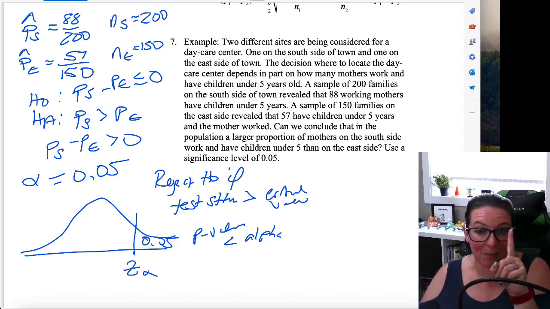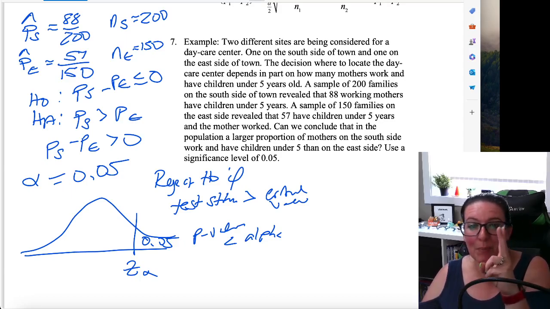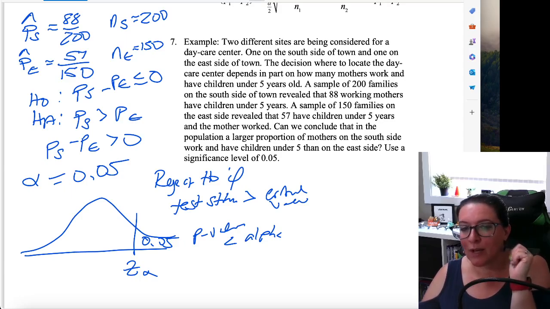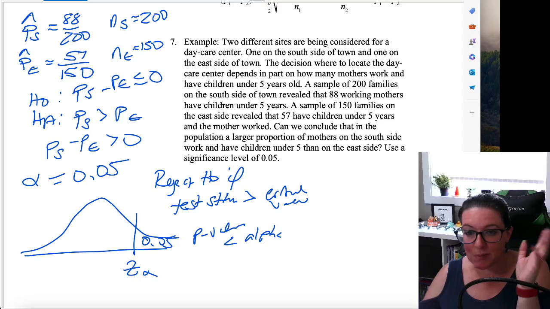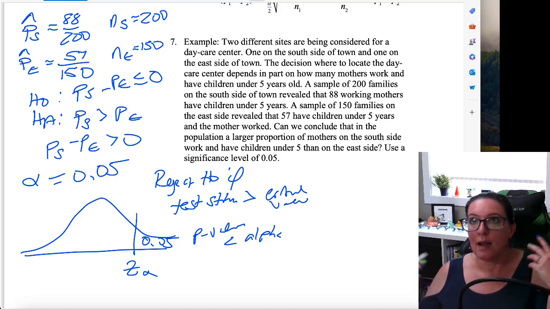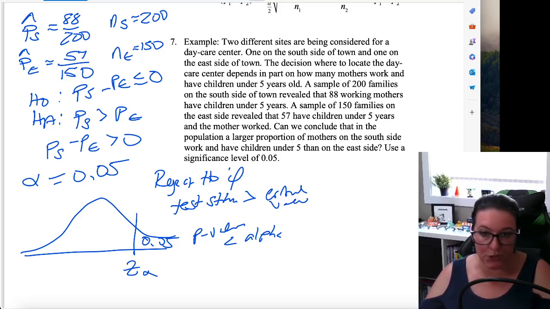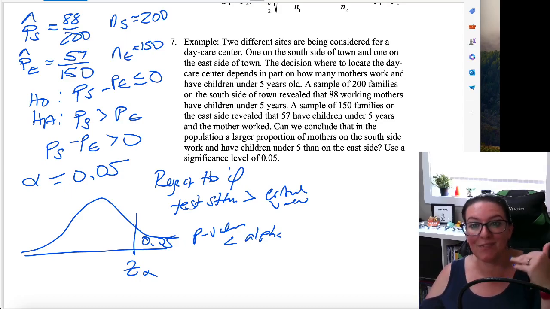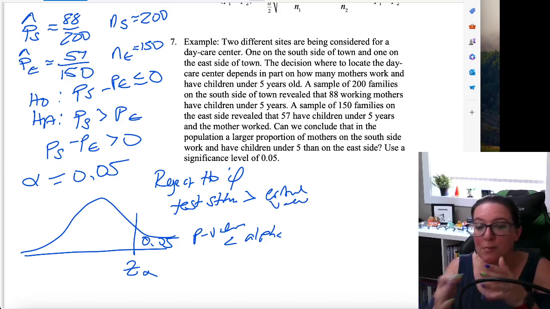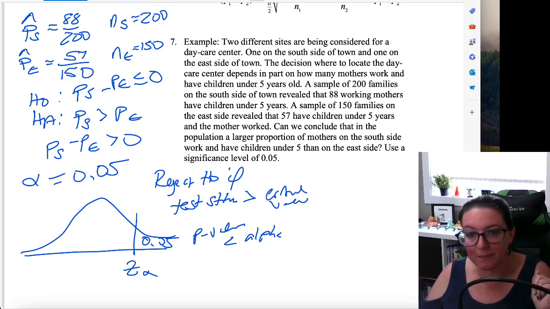The assumptions are random sampling, independent samples, binomial distribution, and that n1 times the combined proportion is more than 10, n2 times the combined proportion is more than 10, n1 times 1 minus the combined proportion is more than 10, and n2 times 1 minus the combined proportion is more than 10. So, a big enough sample size for a binomial to become a normal sampling distribution. Given all that, let's do the test.